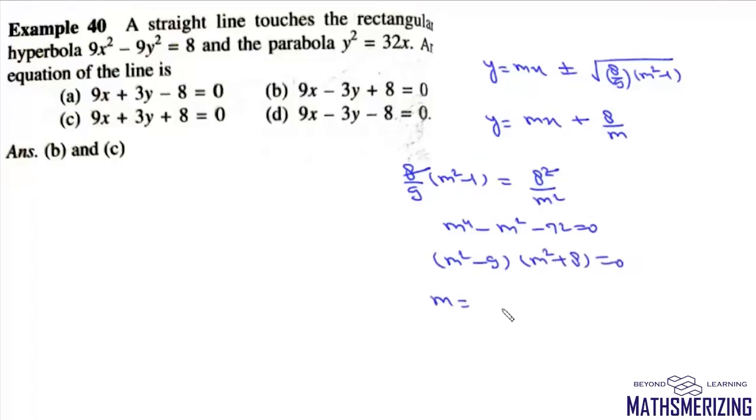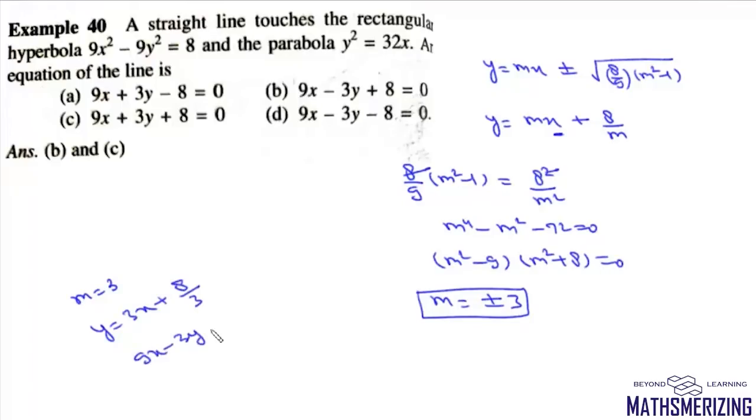So the value of m must be plus or minus 3. Now we'll take the plus sign. Then this equation will be y equals 3x plus 8 by 3, which is 9x minus 3y plus 8 equals 0.